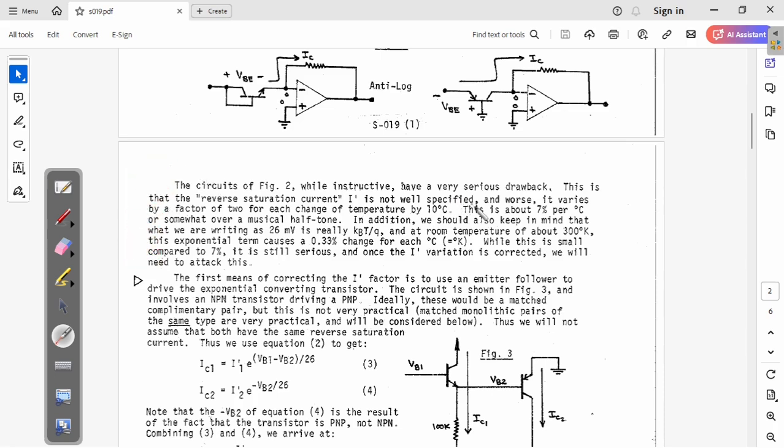is telling you that basically that factor I prime can vary by about 7% per temperature degree, centigrade or whatever. And there's also another factor that's also dependent on temperature, but it's only 0.33%.